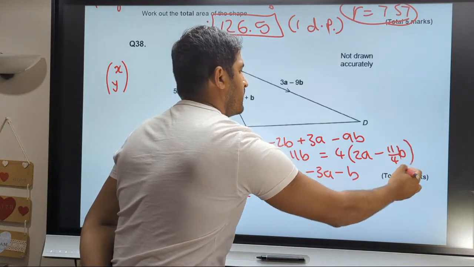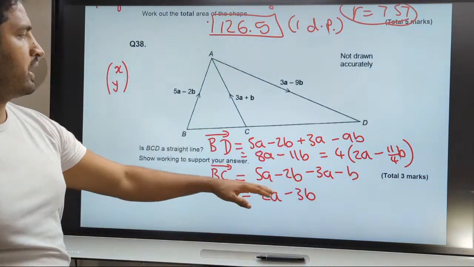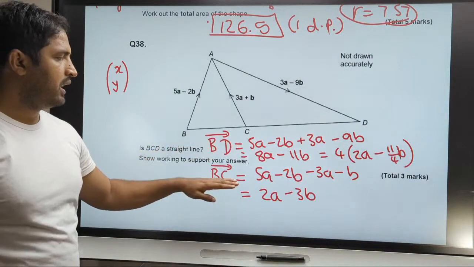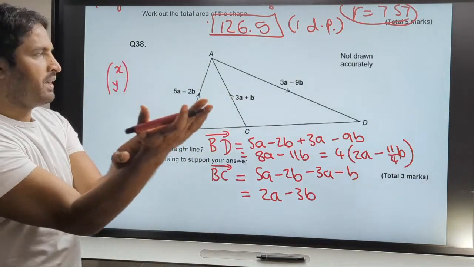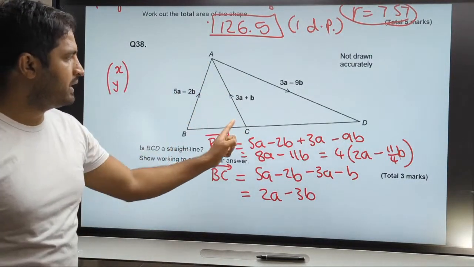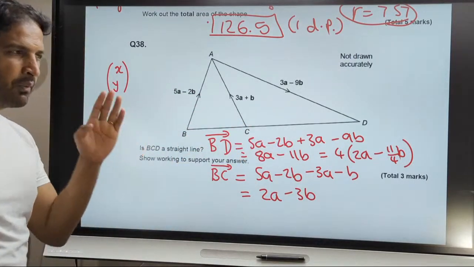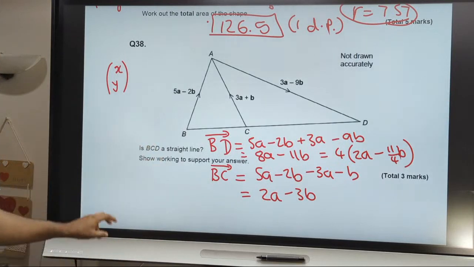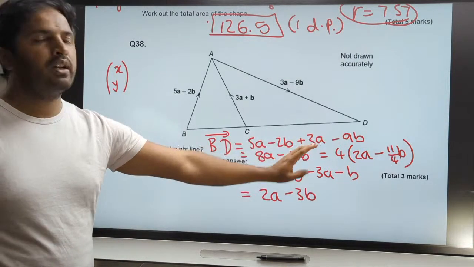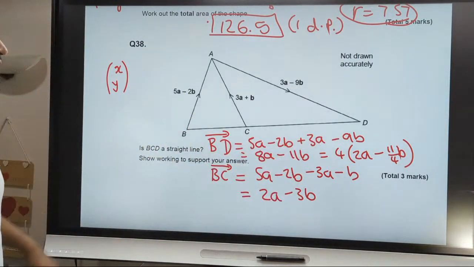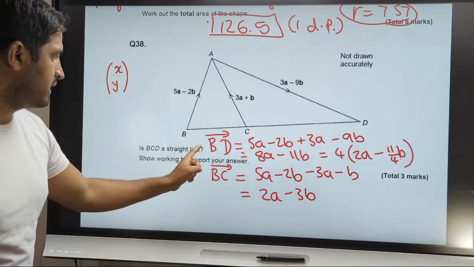So those two are not going in the same direction. So BD and BC are not following the same direction. So this here, BCD, is not a straight line. There might be a small bend here. Almost similar, but not exactly the same direction. Okay, so therefore we can say BCD is not a straight line.